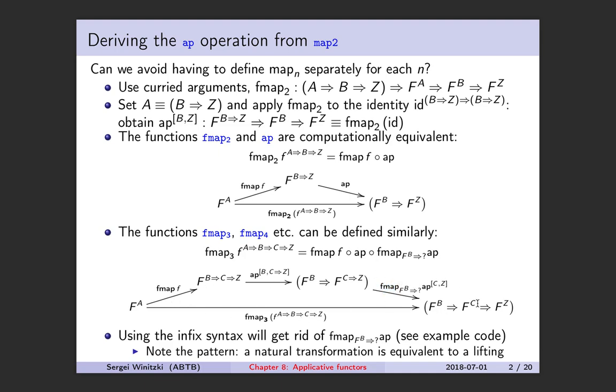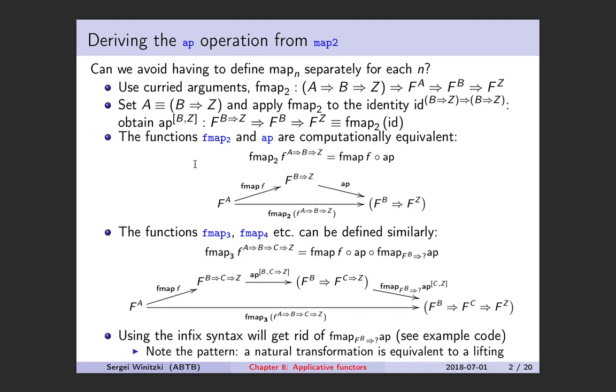So this diagram shows how fmap3 is really defined, but in the code we don't need to worry about this because it's automatic. So we don't need to explicitly fmap when we use the infix syntax, which we have just seen in the code.